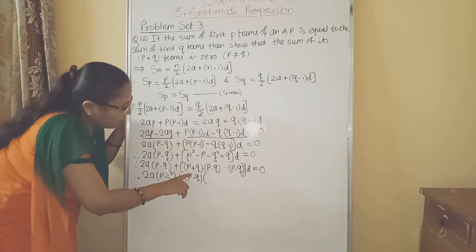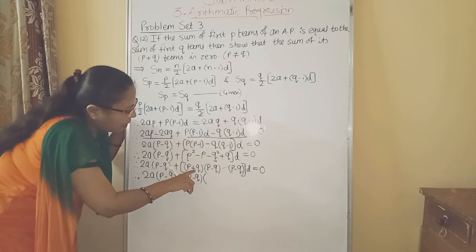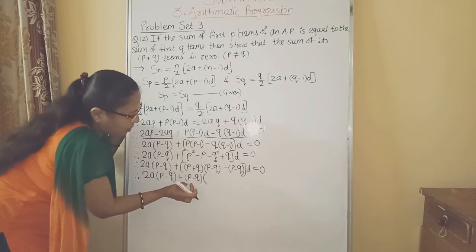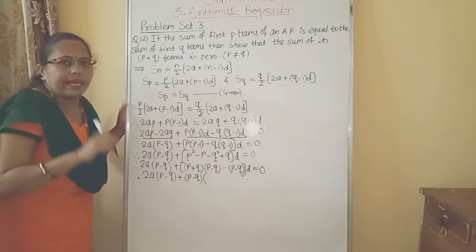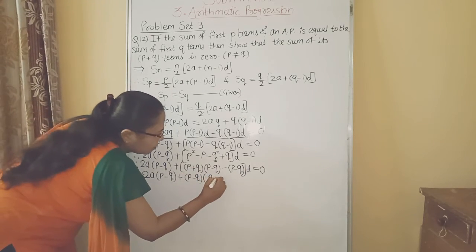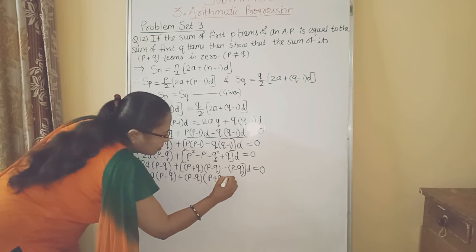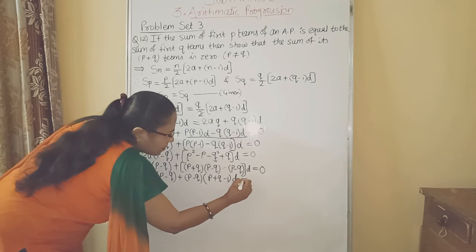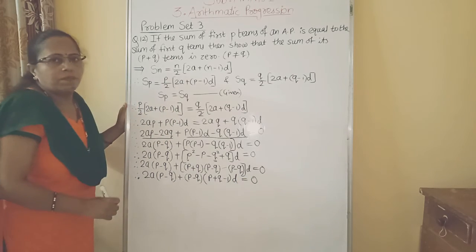Okay, so in the bracket what we will get? p plus q minus, this bracket we have taken common here, so instead of this bracket we will get 1. p plus q minus 1, close the bracket, and this common factor d equal to 0.